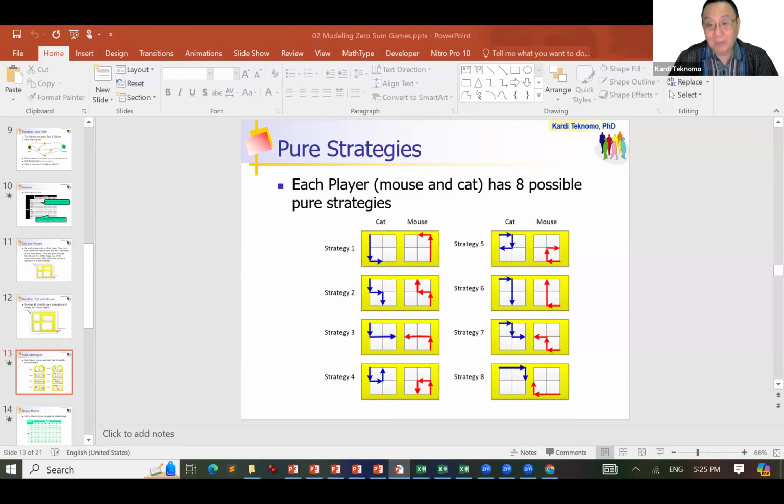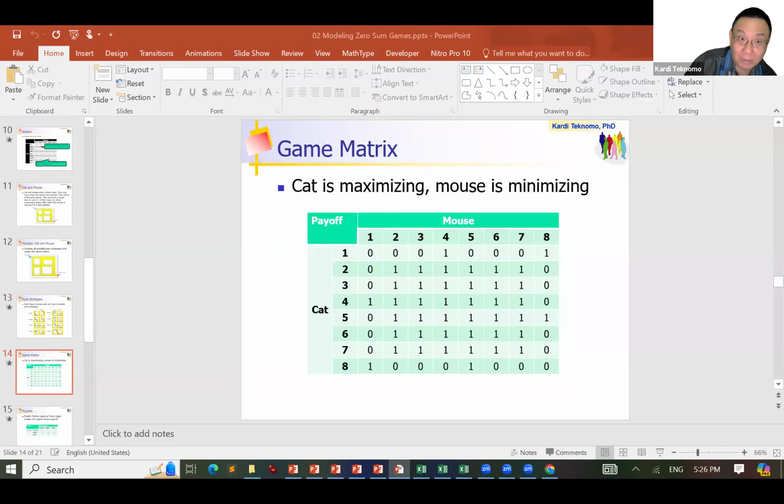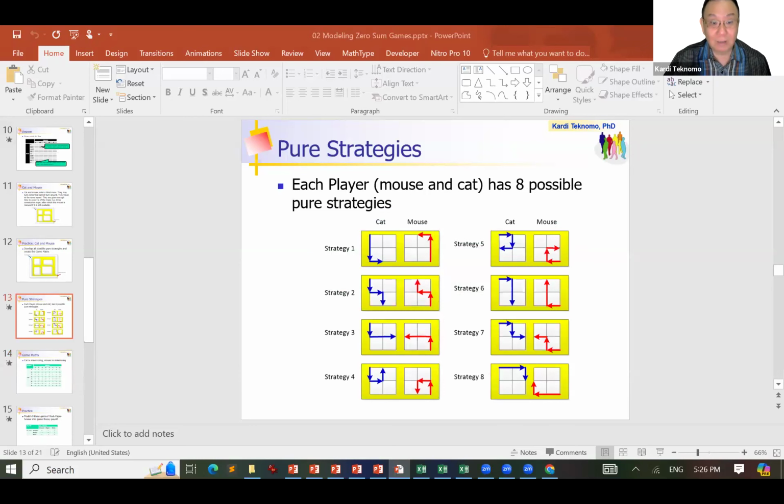Let's name these strategy 1 to 8. That means now you can create this kind of game matrix, 8 by 8. This is 1, 2, 3 until 8, named based on the earlier strategy 1 to strategy 8.